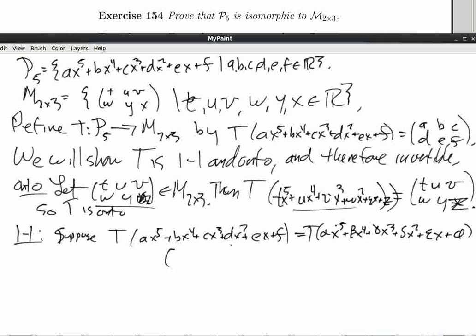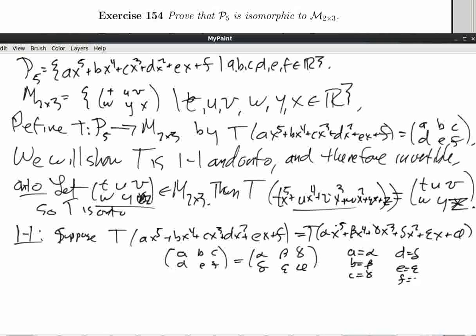Well, what does this output mean? It's a matrix. a, b, c, d, e, f is equal to alpha, beta, gamma, delta, epsilon, phi. The only way these two things can be equal is if a is equal to alpha, b is equal to beta, c is equal to gamma, d is equal to delta, e is equal to epsilon, and f is equal to phi.